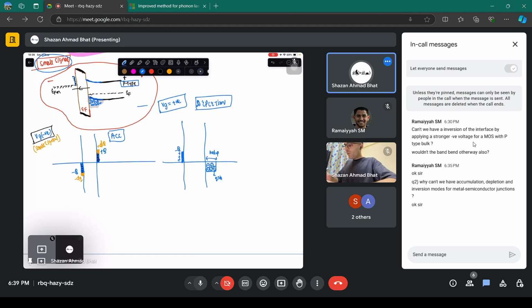Now we apply the small signal superimposed over it. What happens because of it? A slight increase in these charges, say dQ, because this is a small signal. The depletion width will increase by a small change dW_d, and the same positive charge will appear on this side, plus dQ.